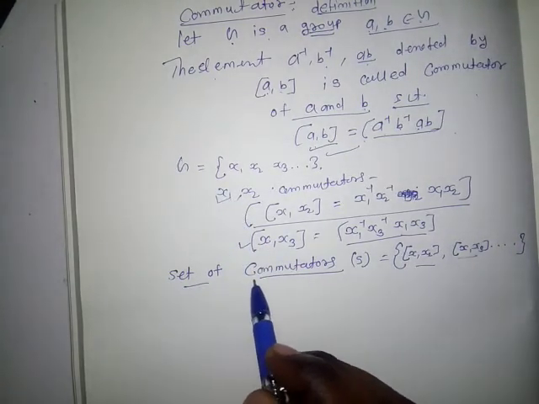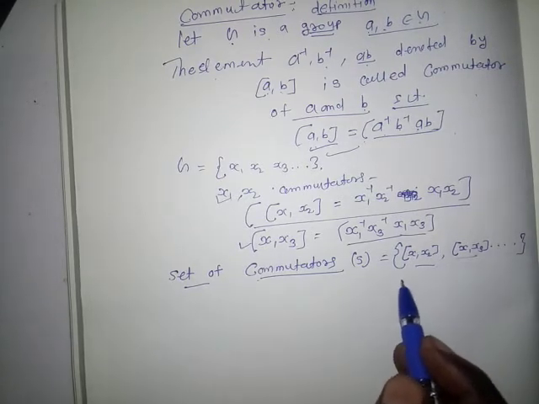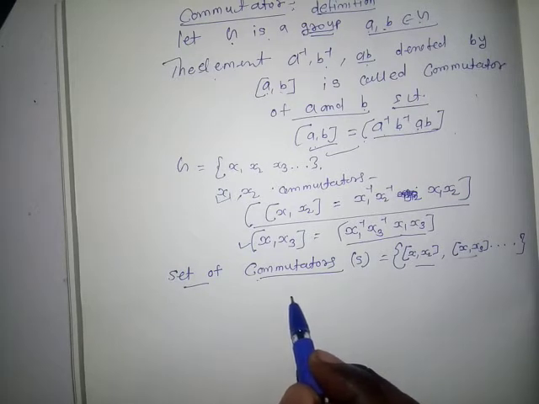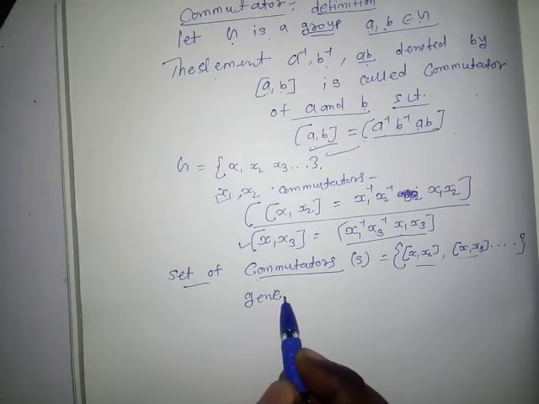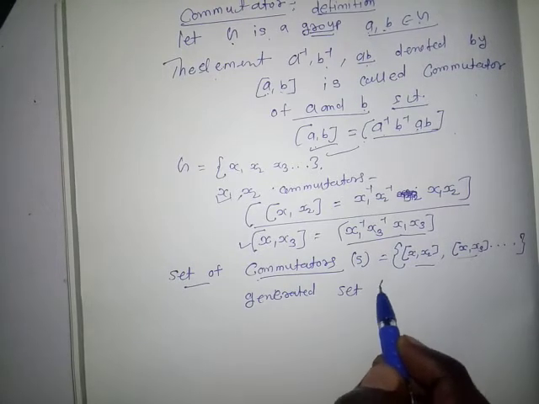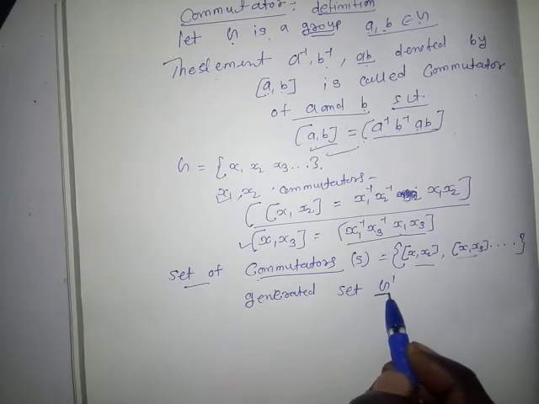The set of all commutators is called the derived subgroup, because it generates the set G dash. Okay students, G dash, because G dash is the subgroup generated by S.